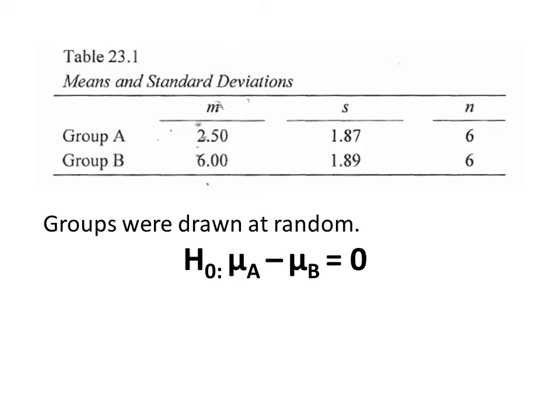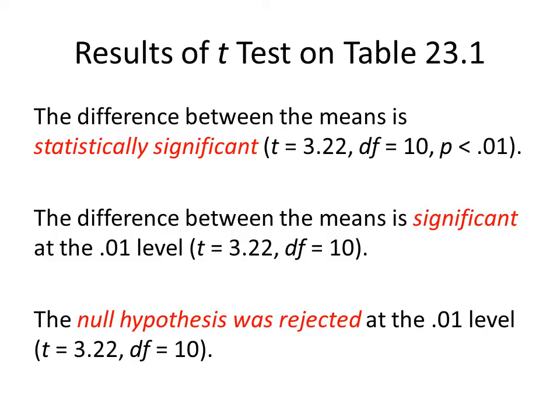Take the highest mean and use it first and subtract the lowest mean from it. It makes a lot more sense. The difference between the means of 2.5 and 6.0 is the result of sampling errors, the errors resulting from random sampling, and the true difference in the population means is 0.